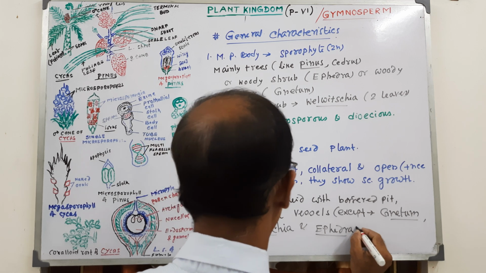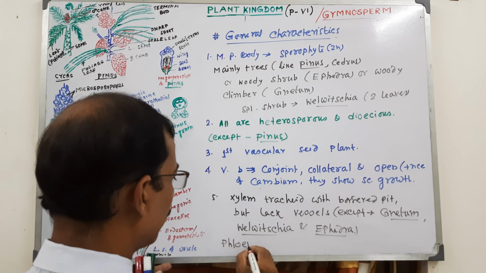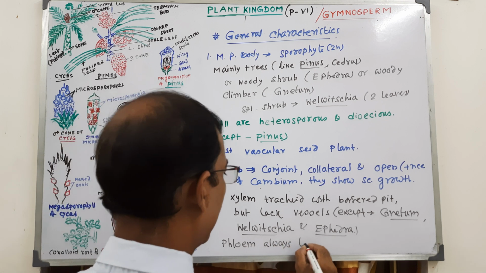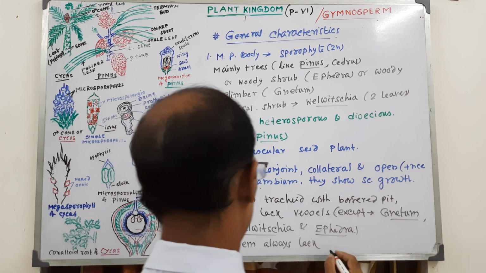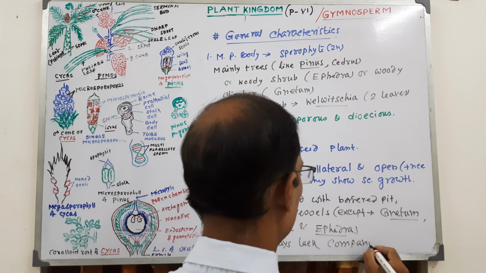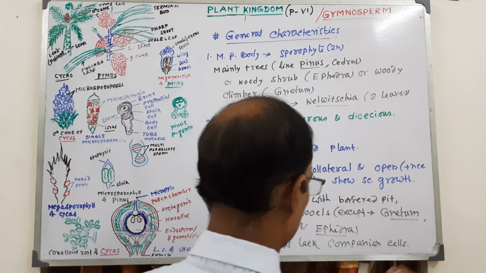But phloem always lacks companion cells, unlike angiosperms.